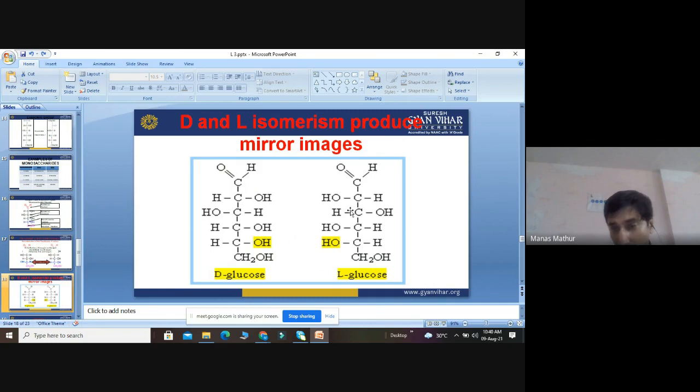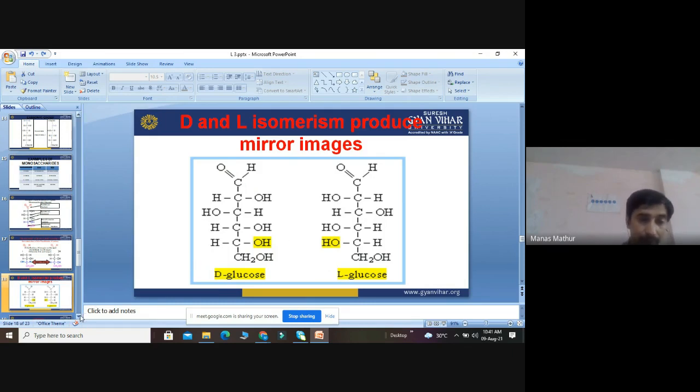Otherwise, the whole chemical compound is the same, but the position of OH is on the left hand side. So we call it dextrorotatory or levorotatory. So based on the position of the functional group on the penultimate carbon, we can easily classify them as D-glucose or L-glucose.